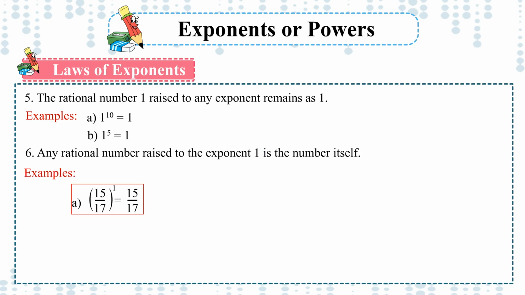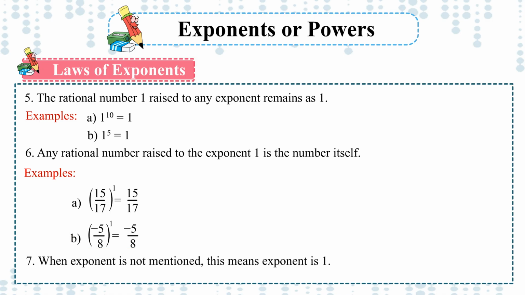Examples: a. 15 upon 17 raised to the power 1 is equal to 15 upon 17. b. Minus 5 upon 8 raised to the power 1 is equal to minus 5 upon 8. 7. When exponent is not mentioned, this means exponent is 1.